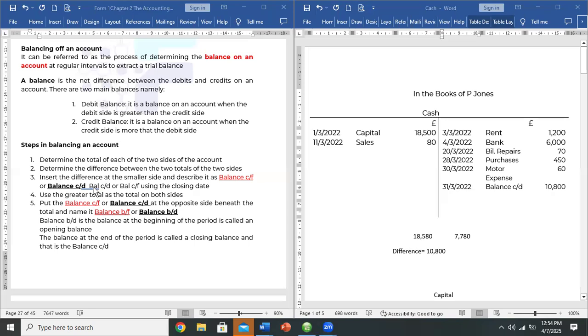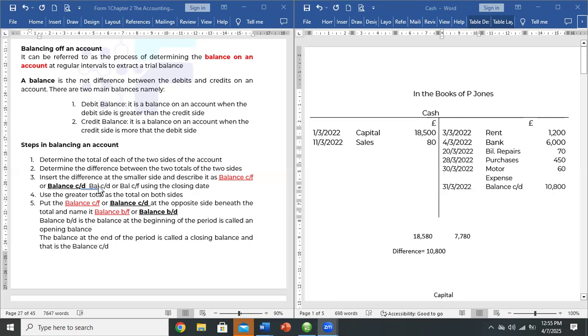So we are carrying the balance forward or we are carrying the balance down. For example, if we were preparing the account in December 2024, then whatever balance is on the account will be carried forward to the next year or carried down to the next year. So that's what it means. Carry down for CD and carry forward for CF. Okay, thank you for that question.